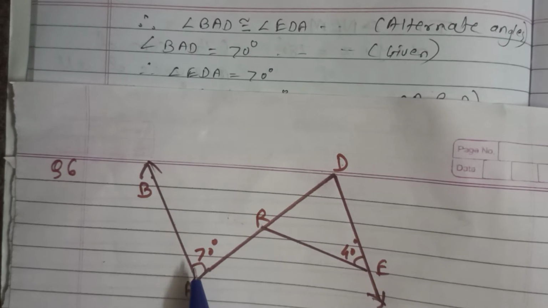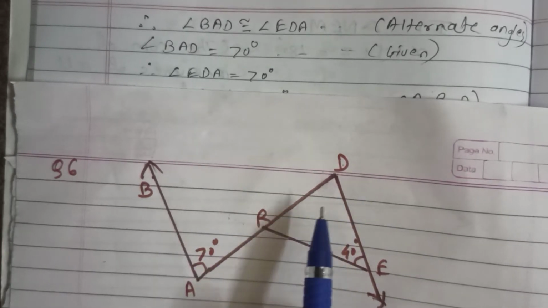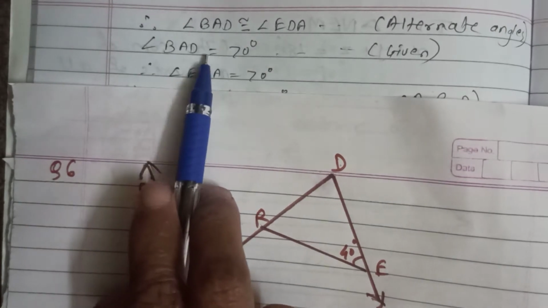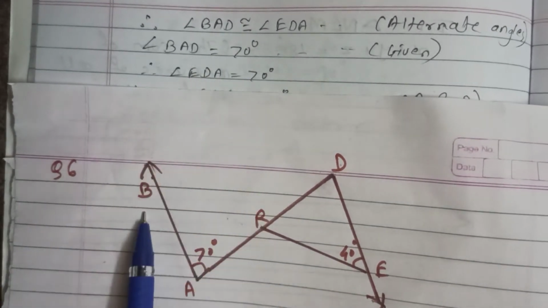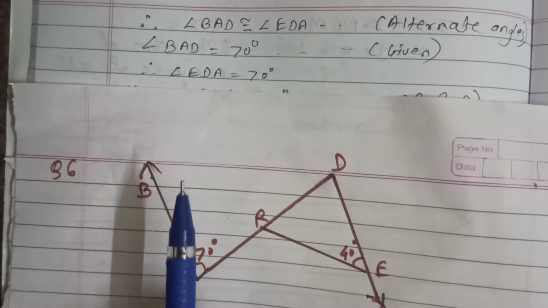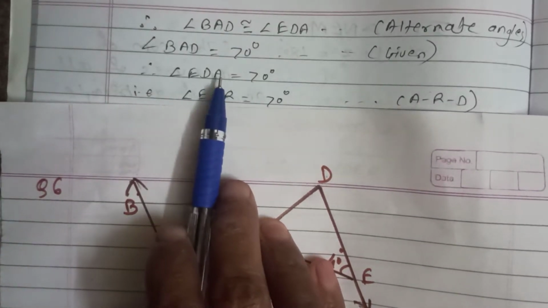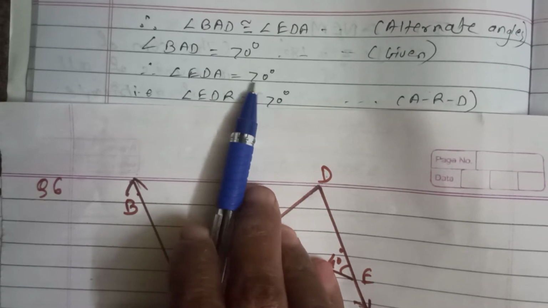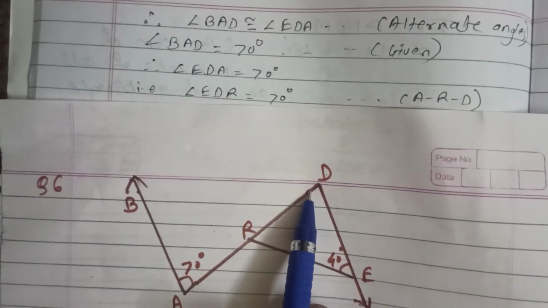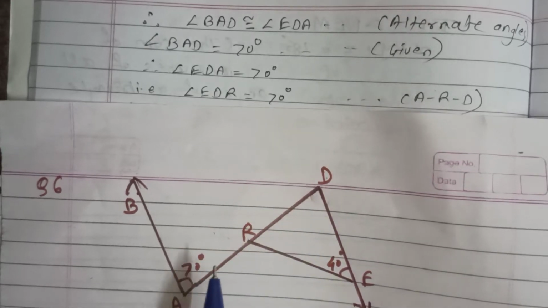See this angle and this angle, these two angles are alternate angles. Next, angle BAD is equal to 70 degrees, it is given. Therefore, angle EDA is equal to 70 degrees.